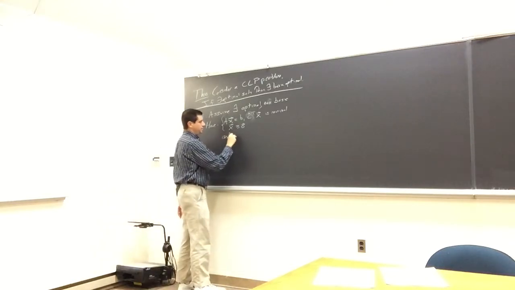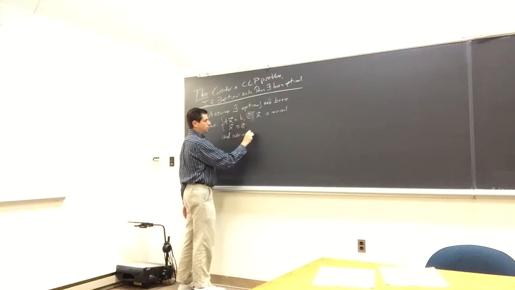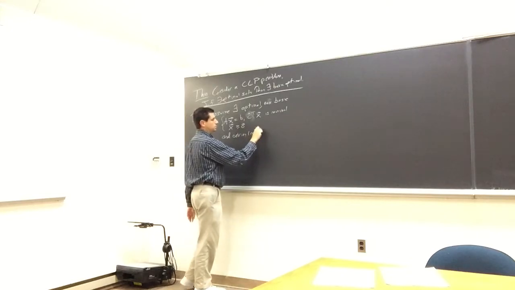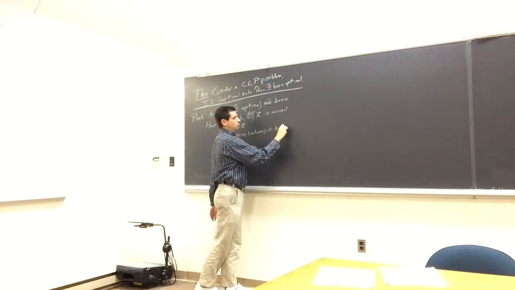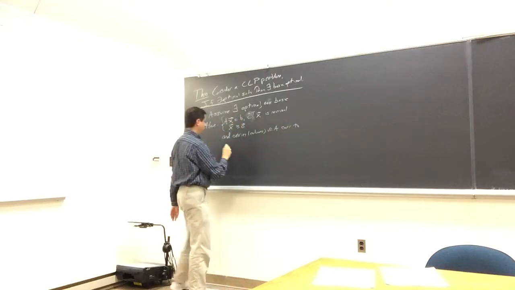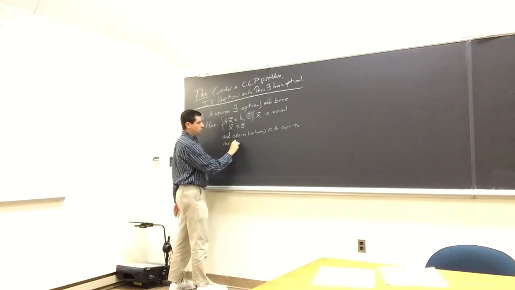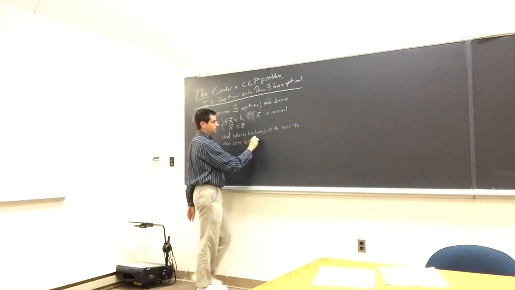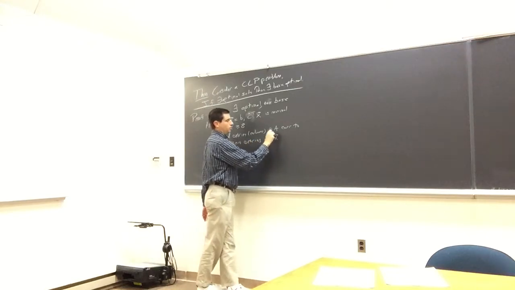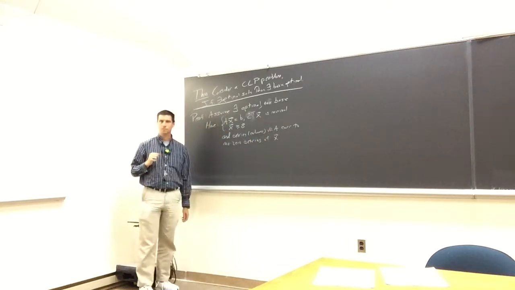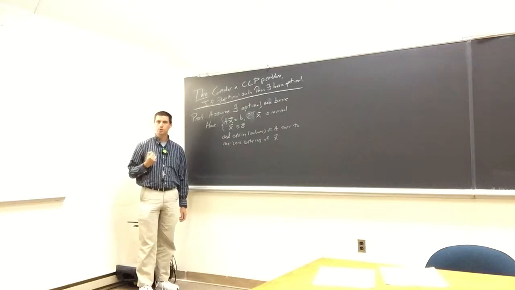And the columns of A corresponding to the non-zero entries of x, what do we know about them? What do we know about the corresponding columns?